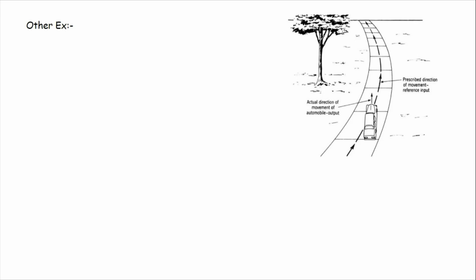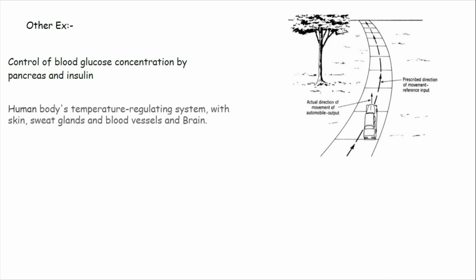There are many examples of control systems in biological systems also. Let us see some of these examples in a human body. The very common examples are the blood glucose concentration control and the body temperature regulating system.